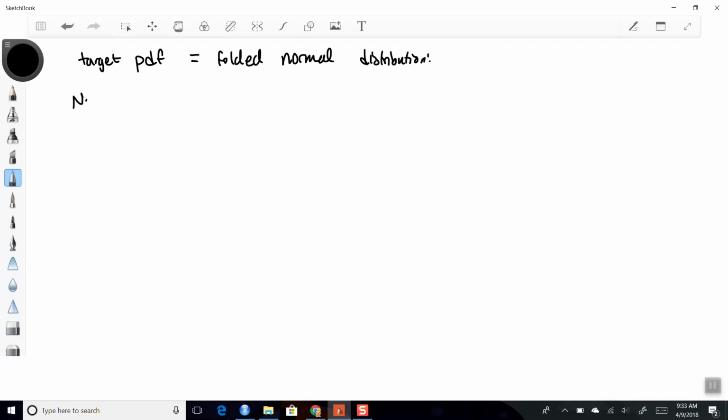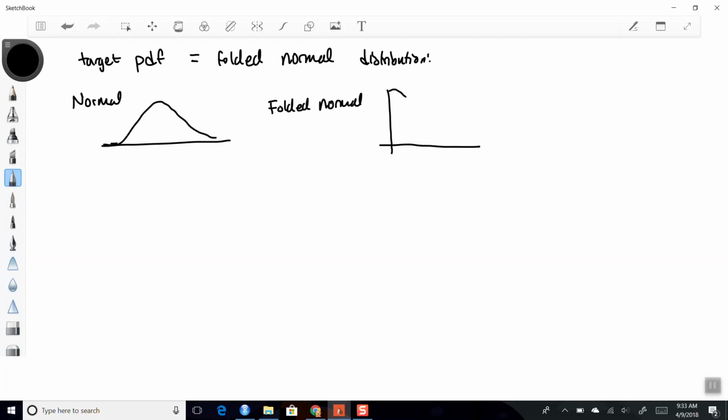Okay, so here's the normal. Well, that's supposed to be the normal. The folded normal is just the positive half, okay? This is the folded normal, 0 and so on.